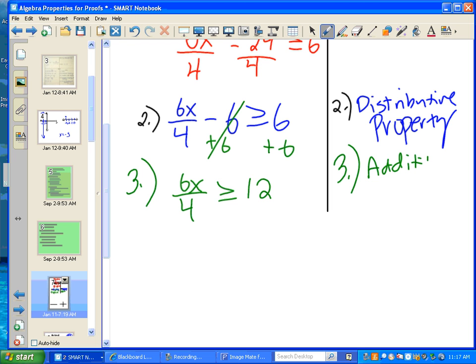Addition property of inequality. And for now, I'd prefer that you write it all out. So addition, property of inequality. Here's why. We added the same thing to both sides of the inequality, plus 6, and then it's an inequality, which is why it's of inequality and not of equality. So addition, property of inequality.